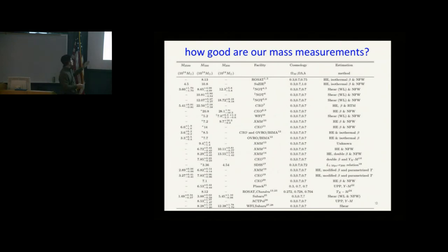Okay, so theorists perhaps favor M200 a little bit, but they also tend to display M500 now. M500 then being a little bit more universal between both theory and observation.